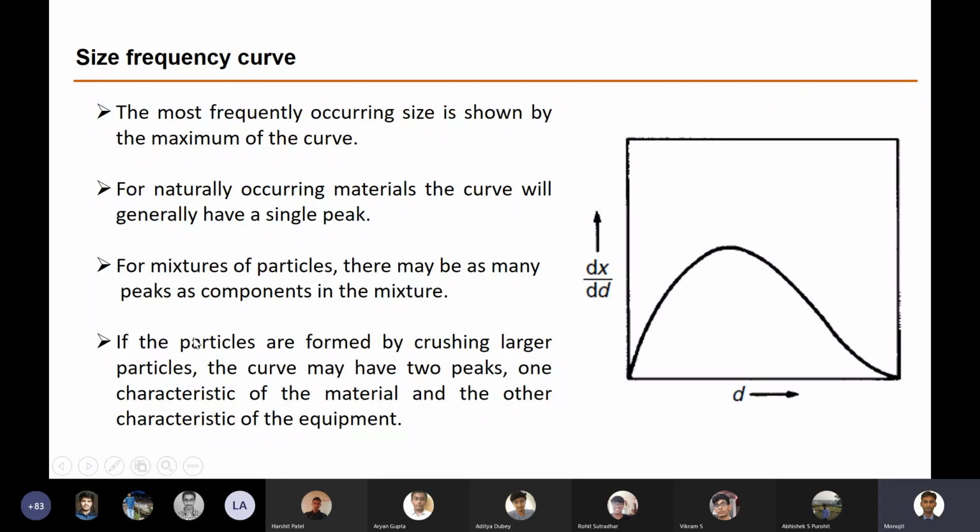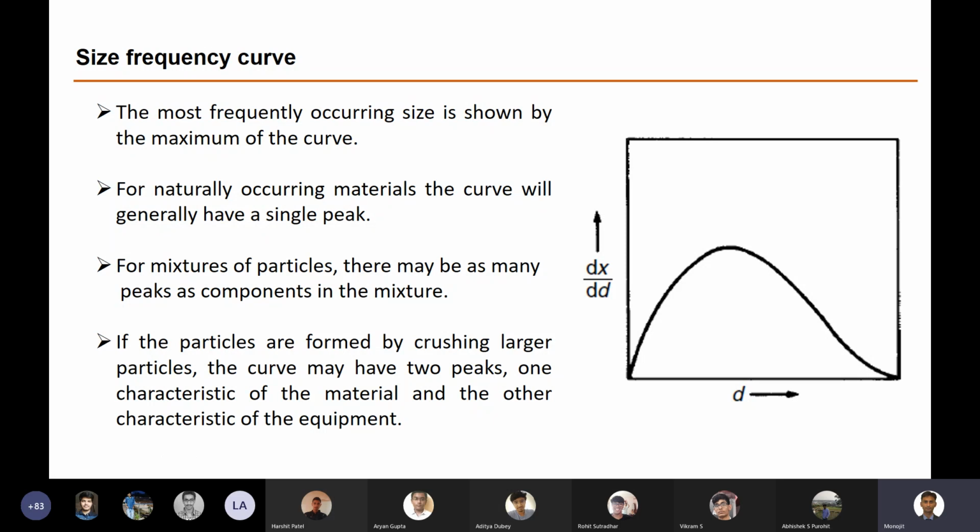But for a mixture of particles, when different kinds of materials are involved, there may be multiple peaks also. And suppose you break the particles using some crusher, grinder, or something like that. Then also you will see multiple peaks.